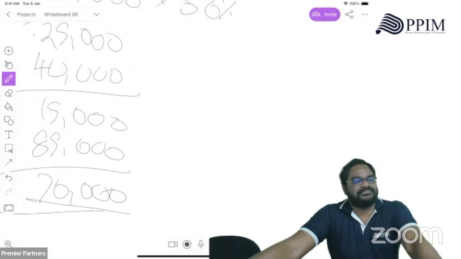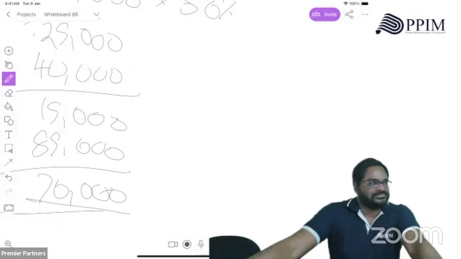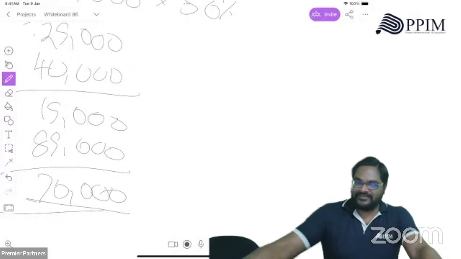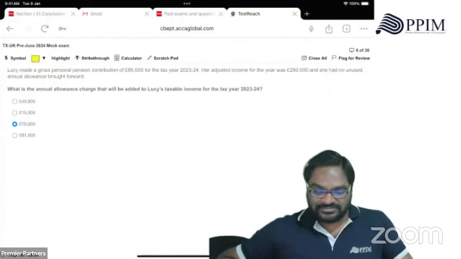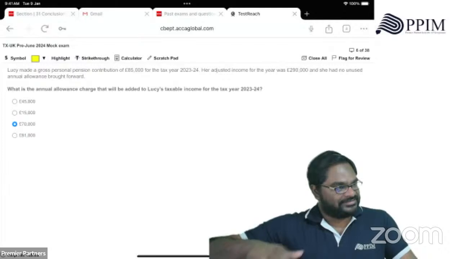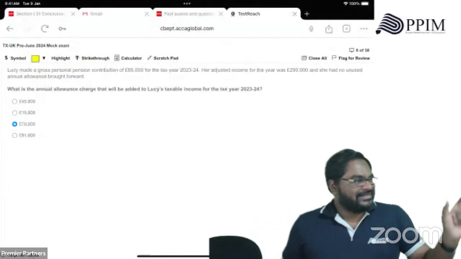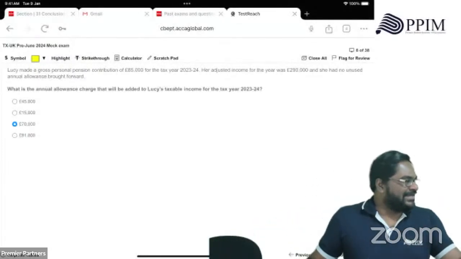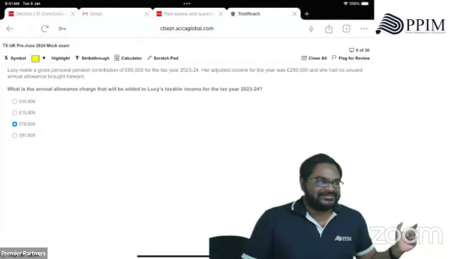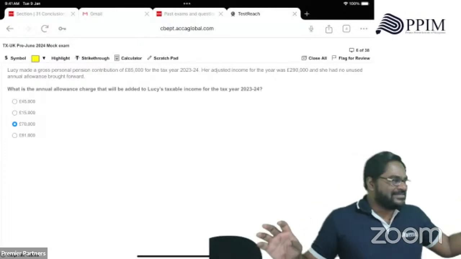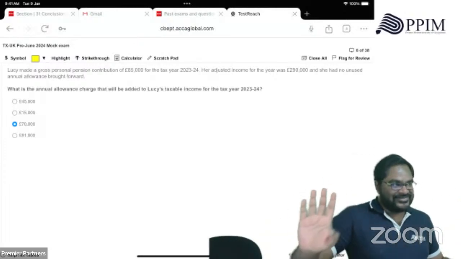Adjusted income is net income plus pension. But whatever is given is adjusted income, right? They are not saying taxable income or net income. They straight away say it is the adjusted income. So whatever the pensions and all that you are talking about is included in that itself.